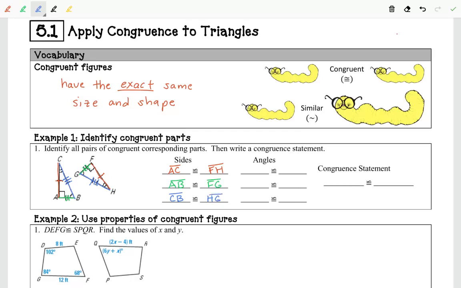So now that we know which sides correspond to one another, let's match up the angles that correspond to one another. So it's pretty obvious that angle A matches with angle F because they're both the 90-degree angles.